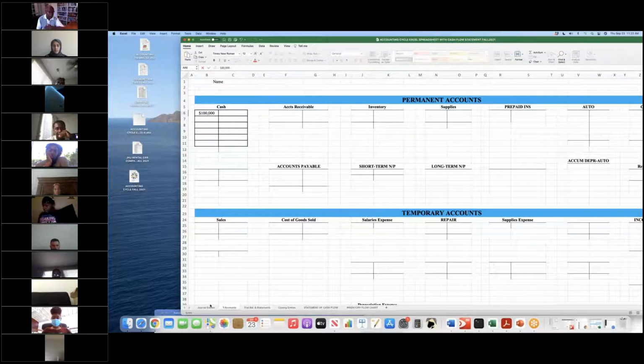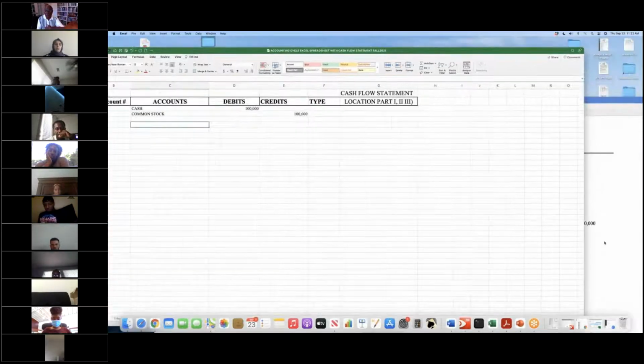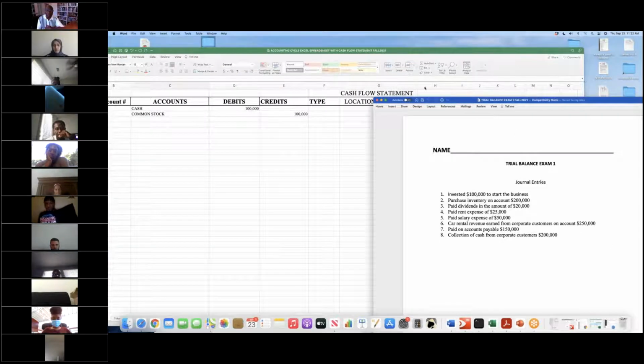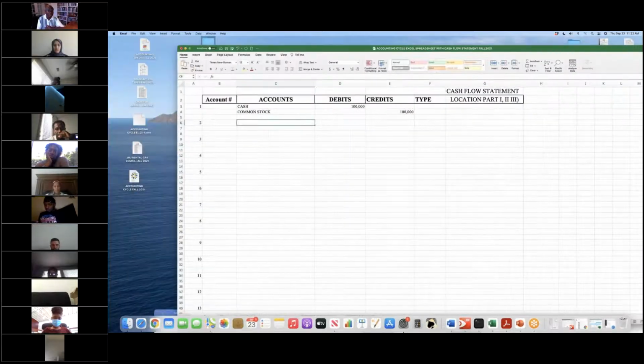Then we're going to go to transaction 2, where we purchase inventory on account for 200,000. So we're going to do what? Debit what, inventory? Type 12 and credit accounts payable.